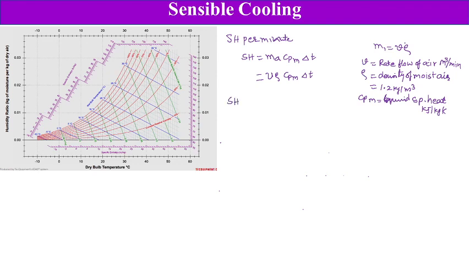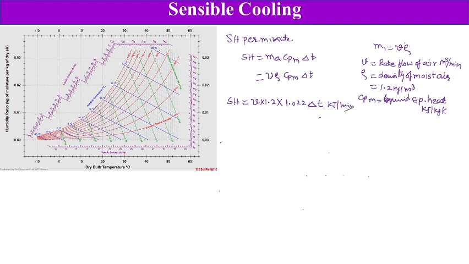Sensible heat per minute is given by this specific volume column we take as it is. Density is taken as 1.2 into CPM is 1.022 into delta T. Delta T means TD2 minus TD1, that is in kilojoules per minute.